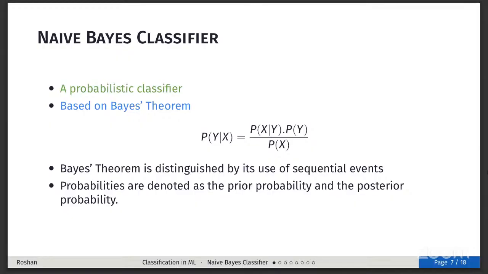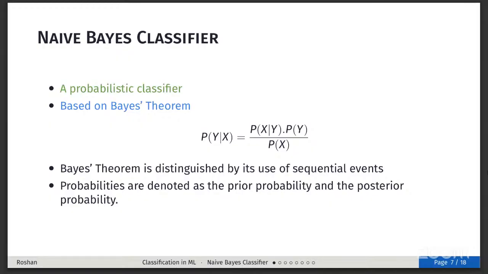This is more like a conditional probability. Let's say you are tossing a coin randomly five different times. What is the probability that the sixth time when you toss a coin is also a head?